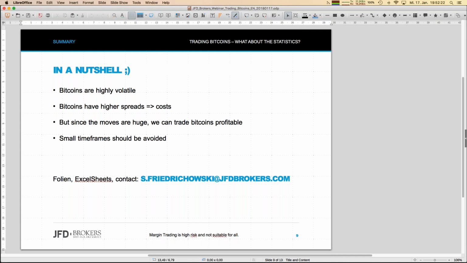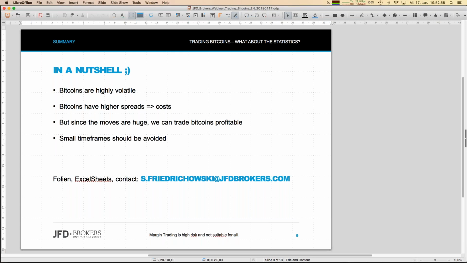And that's also the reason why we should avoid, at least as long as the spreads are on those levels, smaller time frames. Mathematically, you can boil that down to: if you translate the daily volatility down to an hourly volatility, that would be around 1%. And you remember, 1% compared to a spread of 0.5%, that cannot end up in profitable trades.